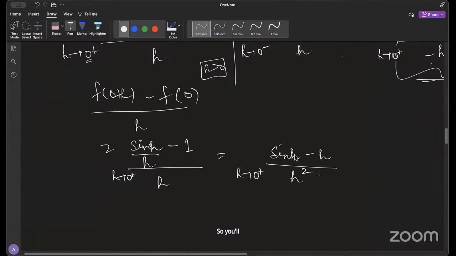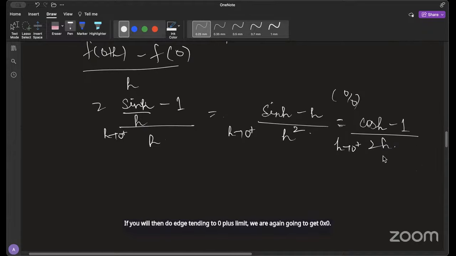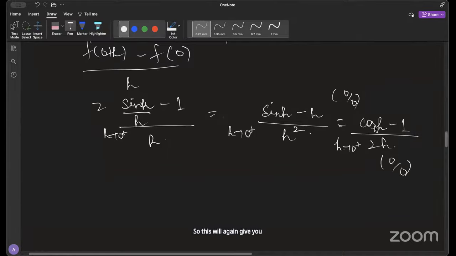So you'll find the limit, you'll get 0 minus 0 by 0 here. So it's 0 by 0 form. Let's use L'Hopital's rule then. You will get (cos h minus 1) by 2h. If you then do the h tending to 0 plus limit, you are again going to get 0 by 0, because cos 0 is 1 minus 1. So this will give you 0, and this is also 0.